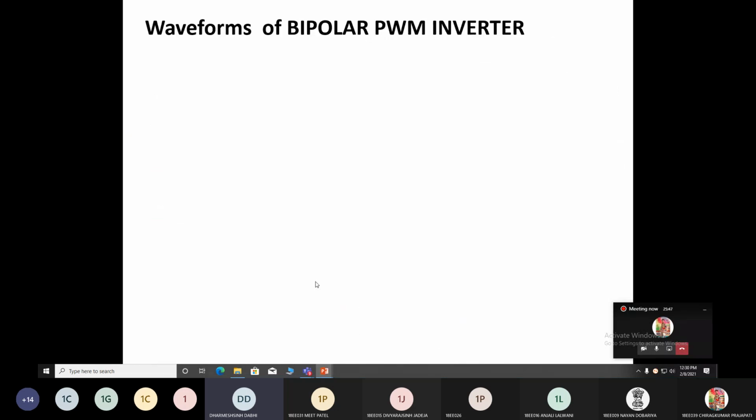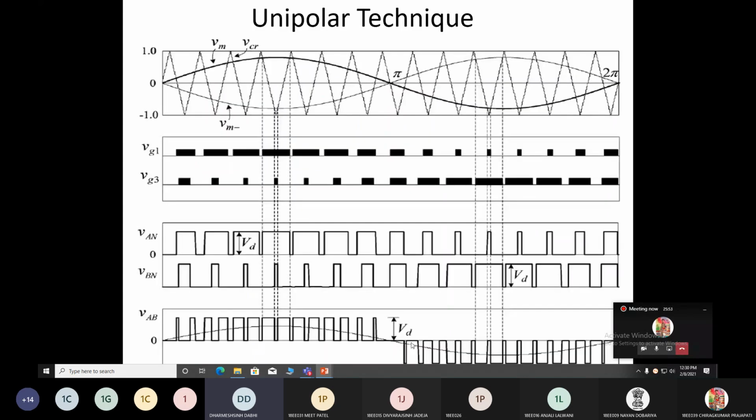In the unipolar technique, in the first positive cycle, from 0 to 180 degrees, when you compare this sine wave with the triangular wave, you get only the common interval where S1 and S2 are turned on. You do not get the interval where S3 and S4 turn on simultaneously. So that's why you do not get the negative voltage here.